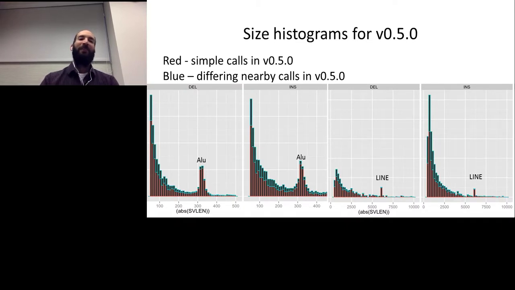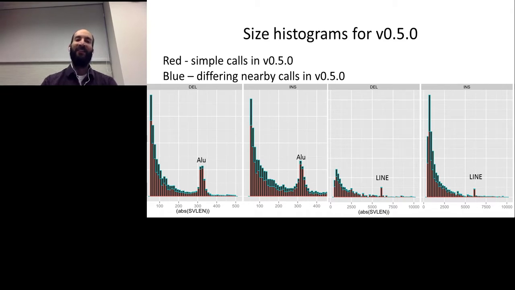Just as some preliminary analyses for version 0.5, we've made some size histograms where we show smaller calls over here between 50 and 1,000 base pairs on the left-hand side for deletions and insertions, and then larger calls on the right-hand side up to 10,000 base pairs, though we do have calls that are larger than that also.